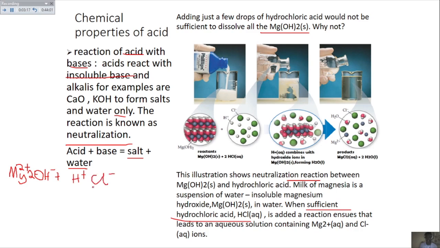Then look at this, this will go to this and this will go to this, to form magnesium chloride plus H2O. Then we balance it, and I put 2 here for the H2O. What has happened? This kind of reaction is what we call a neutralization reaction, because we're using the acid to dissolve the base. Wow.